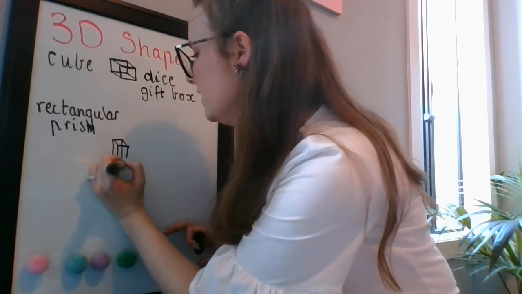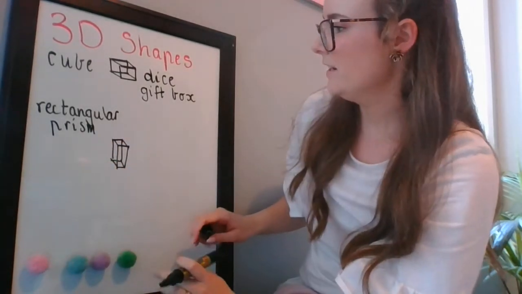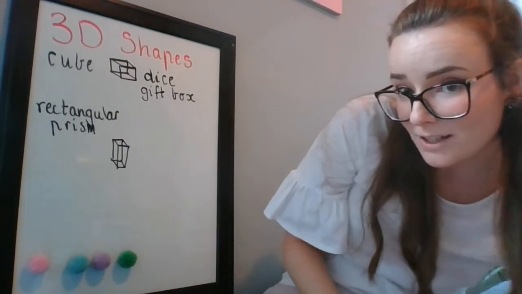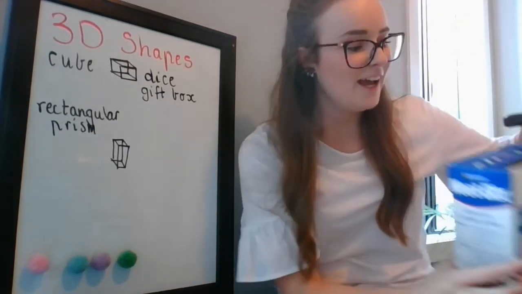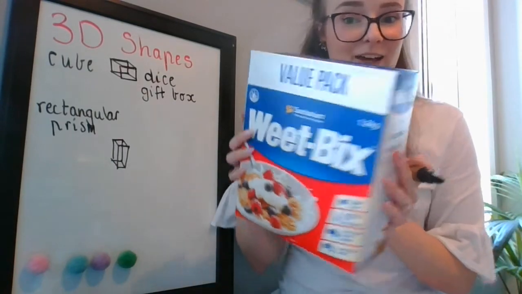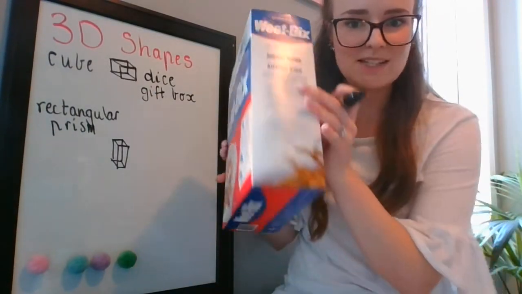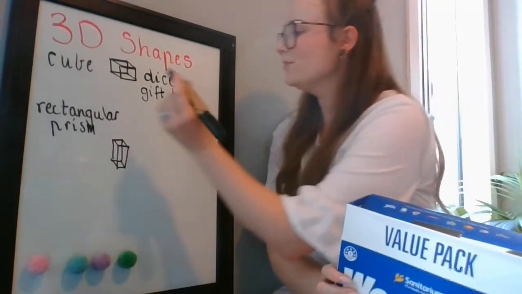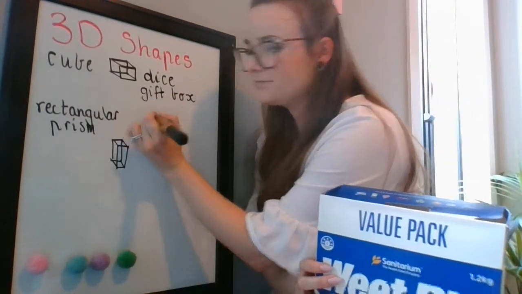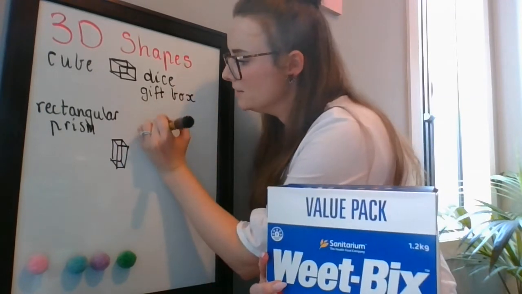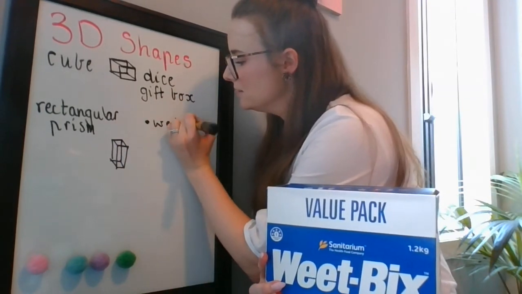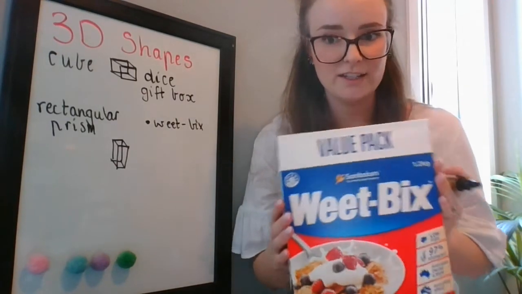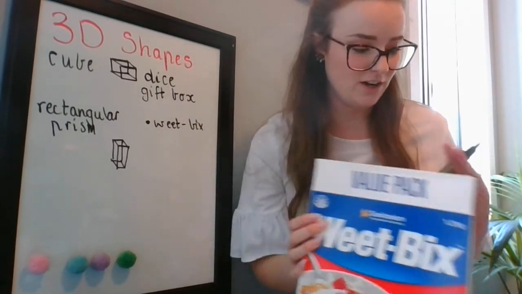Okay, draw it standing up. That looks alright. Okay, I went into the pantry because I was a little bit hungry, needed a snack. I found that my Weet-Bix box looks like a rectangular prism. So I can write the Weet-Bix. Okay. I'm sure there's lots and lots of rectangular prisms that you can find.